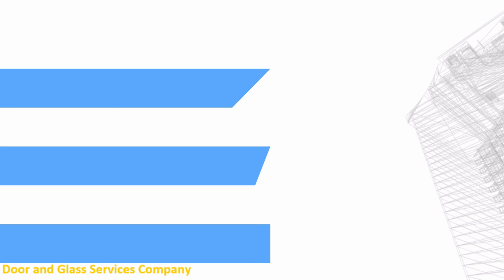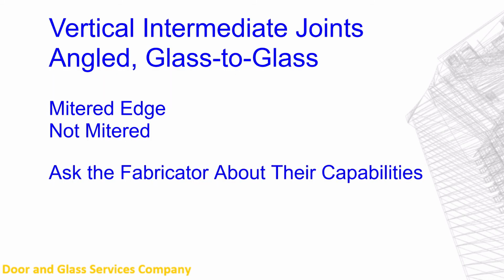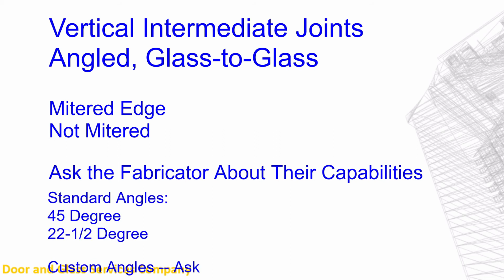Some machines are adjustable to any angle setting. Some machines can only be adjusted to produce 22.5 degree or 45 degree miters, which is why not every glass fabricator will produce mitered edges in any custom angle. Some of them only produce the angles at 22.5 or 45.